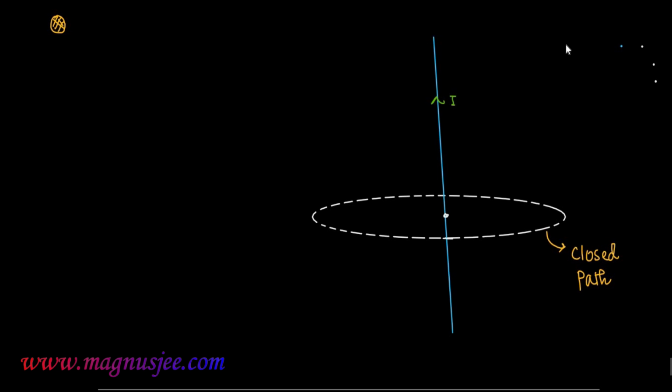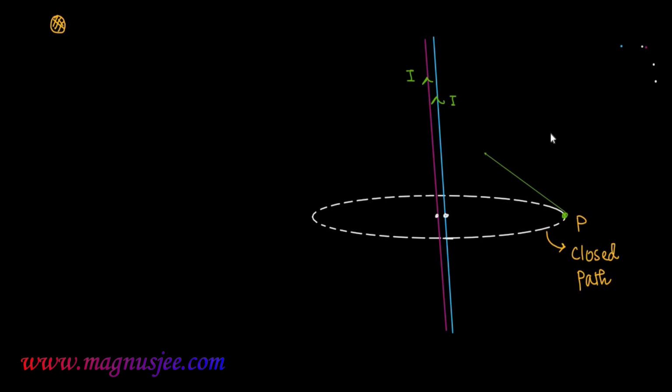A current I is threading this path, and we can consider another current of the same magnitude, I, also flowing through it, and here we can consider a point P. At the point P, the length vector of a small element is vector dl, which acts tangentially and inwards, and we can consider a magnetic field, vector B, due to this flow of current.